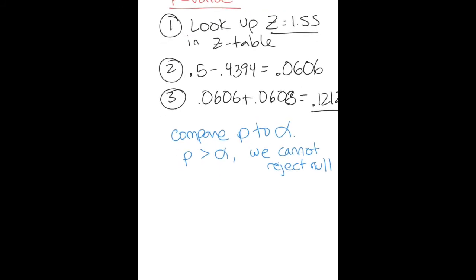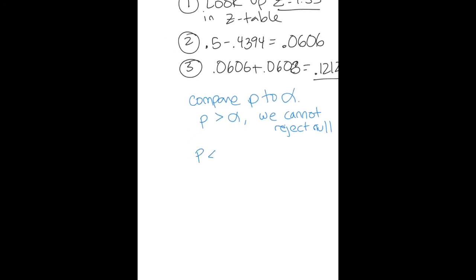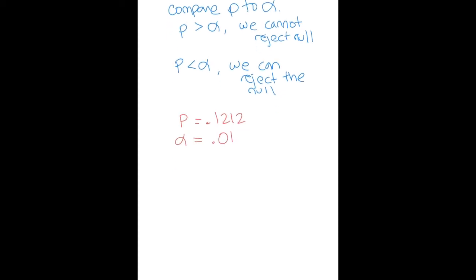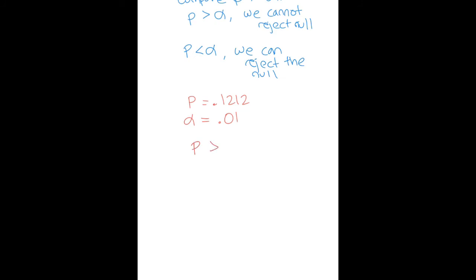In cases where p is less than alpha, this is where we can reject the null. So in this case, what do we prove? We prove that p is 0.1212, alpha is 0.01. Clearly, p is greater than alpha, and therefore, in this case, we fail to reject the null.